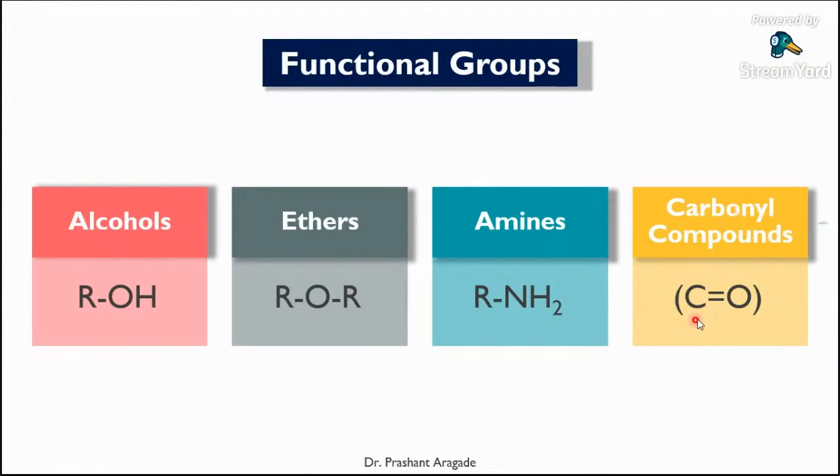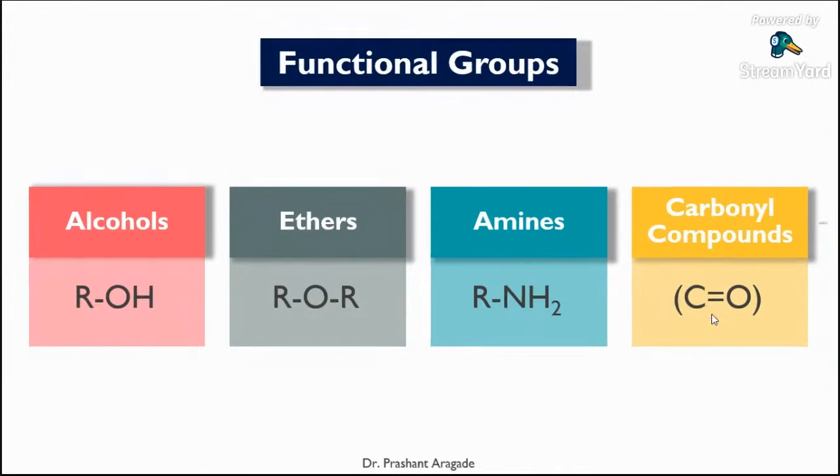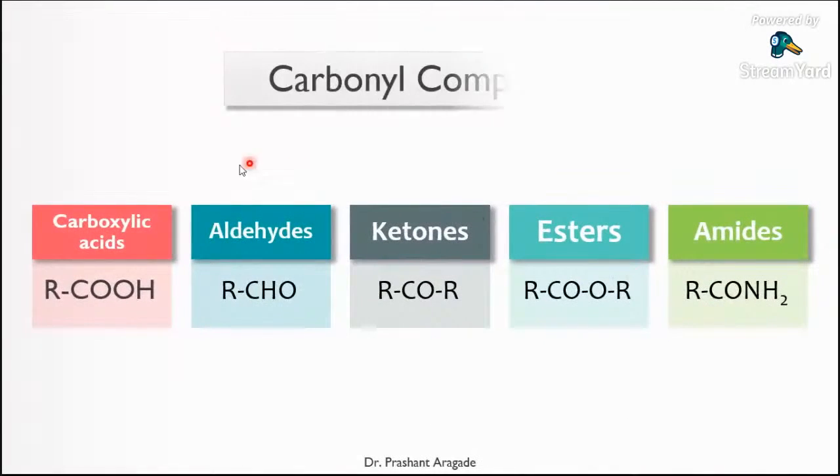Then some of the drugs have the carbonyl functional group, that is C double bond O. But this carbonyl functional group also includes different types of functional groups. That is, it contains carboxylic acids, that is RCOOH, then aldehydes, that is RCHO, ketones, RC double bond OR, then esters, RC double bond OR, and amides. And some of the compounds contain nitro functional groups, some contain nitrile functional groups.